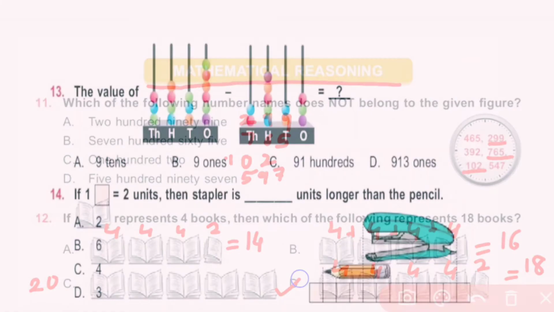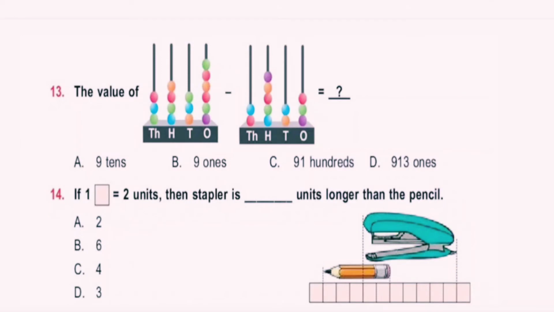D is right answer. Question number 13. The value of first abacus minus second abacus is equal to dash. First abacus showing the value here 3400, 3 tens and 1's place 6.